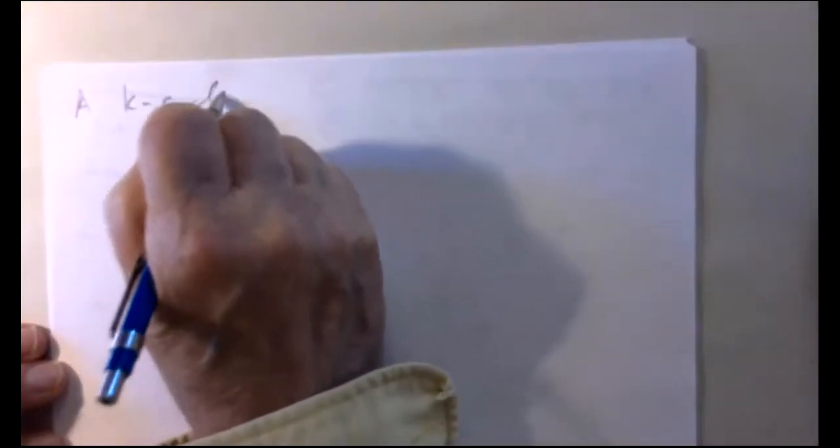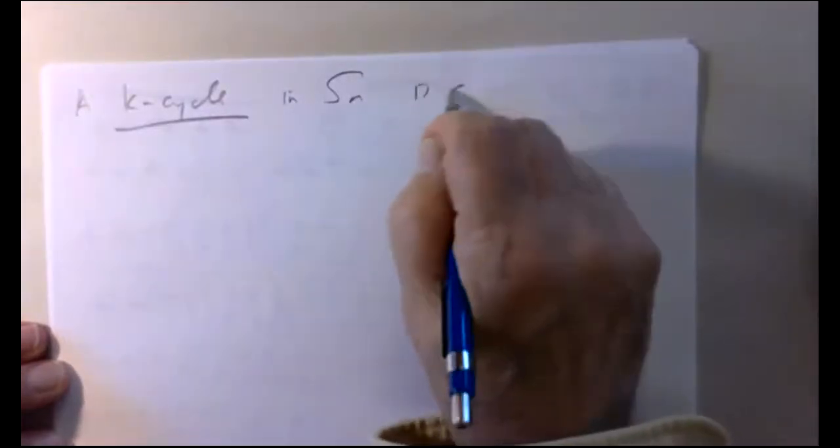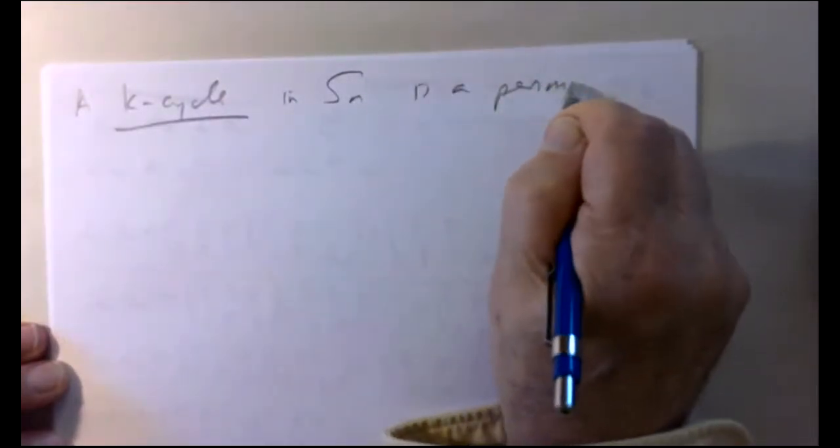So a very special kind of permutation is called a cycle. A k-cycle in Sn is a permutation.